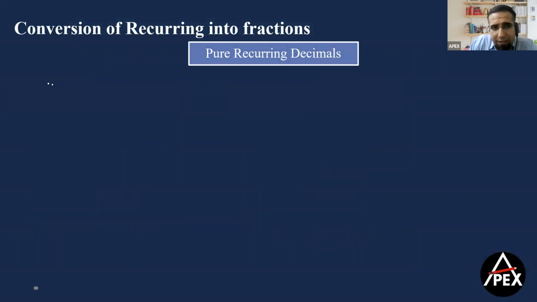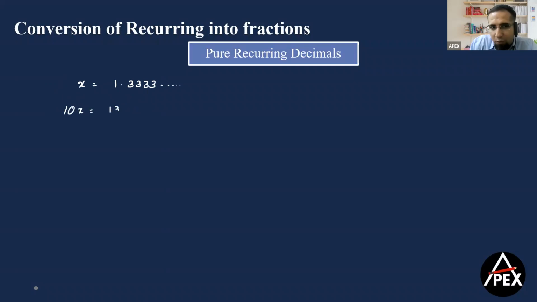So when I have, let's say 1.3 bar. The simplified shortcut, I'll not get into the maths part of it. The maths part of it says, if you remember the school days, let me just rewrite it for you. Let's do one mathematical calculation. So math says let x be equal to 1.3333. Now, since only 3 is repeating, I multiply this with 10.